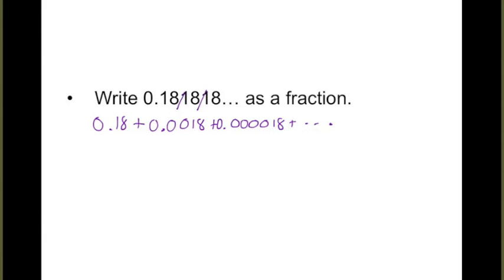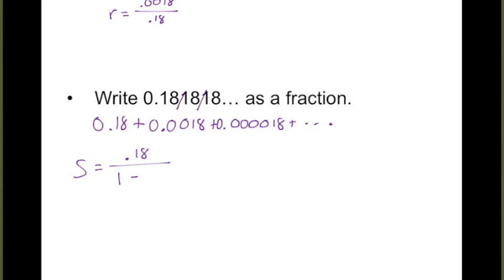So we should be able to do our geometric series formula. S is equal to A, first term, over 1 minus R. And R is the common ratio, which can be kind of hard to see when we look at these. But remember, when we first talked about geometrics, one way to find a ratio is always to take a second term and divide it by a first term.